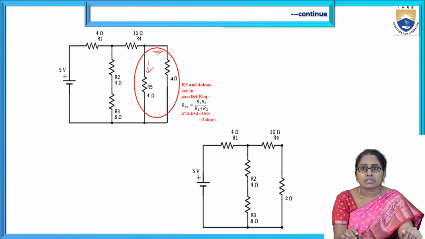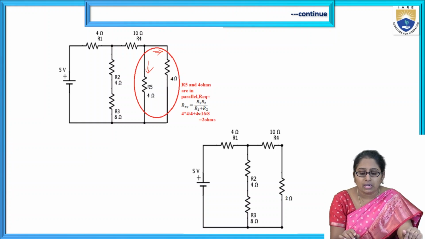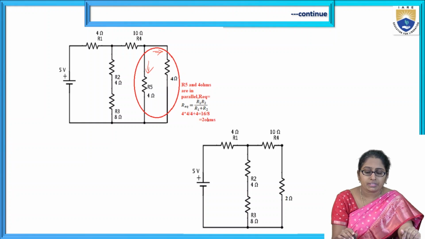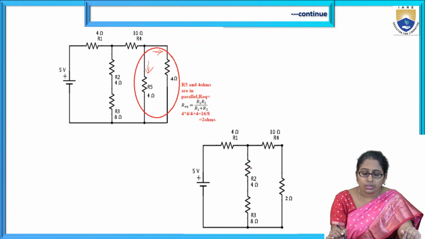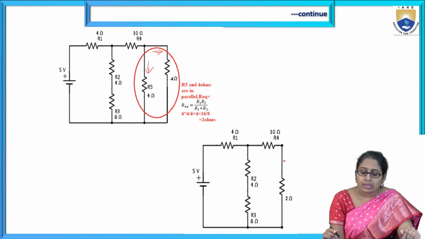When two resistors are in parallel, the equivalent is the product of the two elements by the sum of the two elements. So 4 into 4 by 4 plus 4, which is nothing but 2 ohms. So in the next circuit, replace these two with a resistor of value 2 ohms.